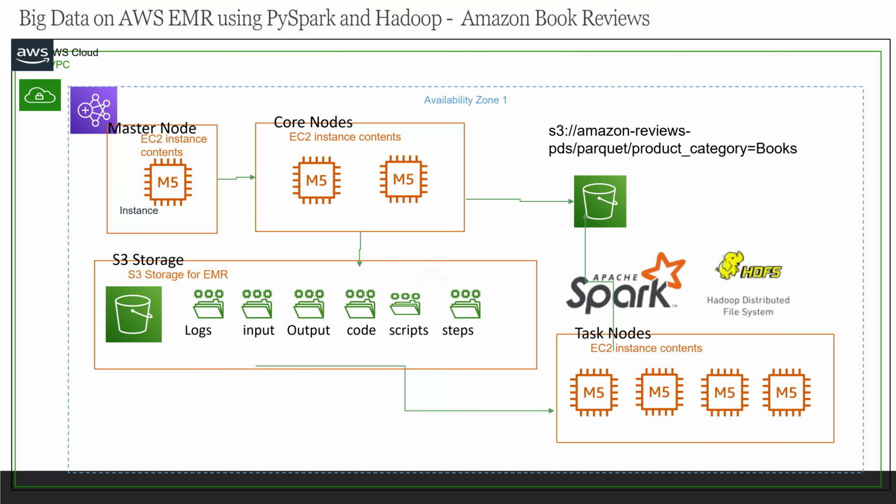AWS EMR is a managed service by Amazon to scale clusters of machines on demand or on spot, and to differentiate between the storage and the compute. Here storage is independent of the compute, and you can use S3. EMR uses S3 as the main storage, and the storage is always there even when the machines are shut down.